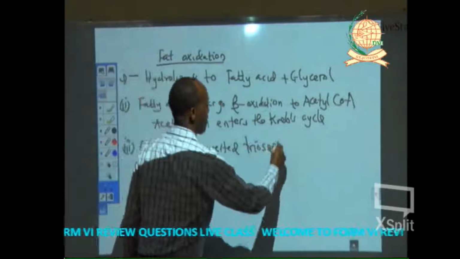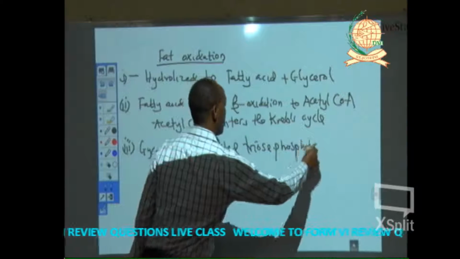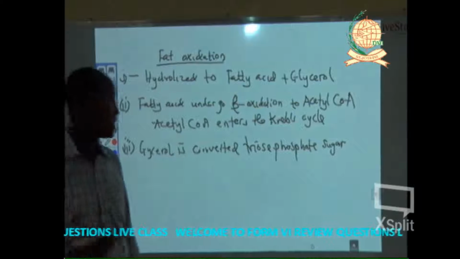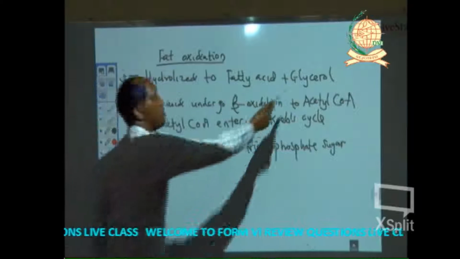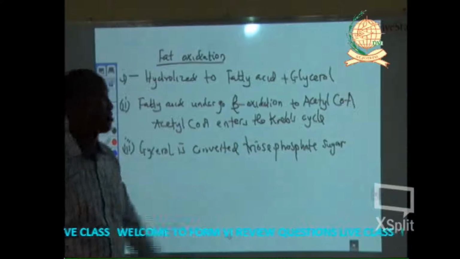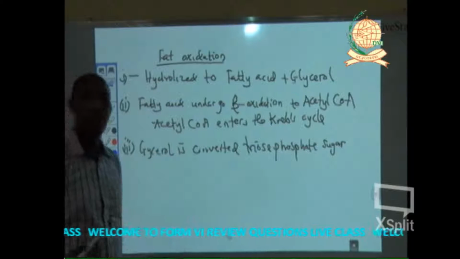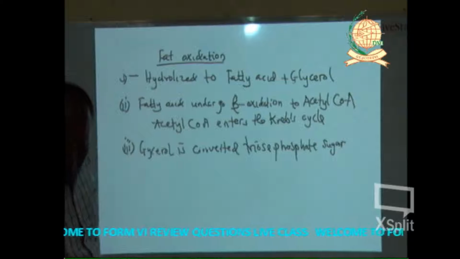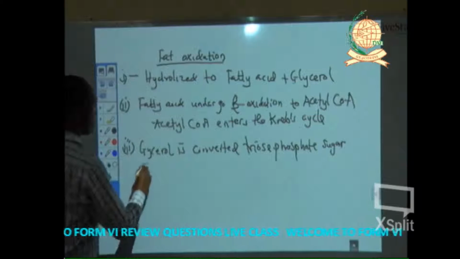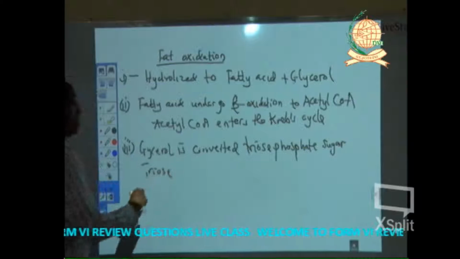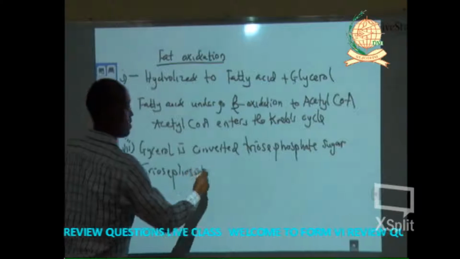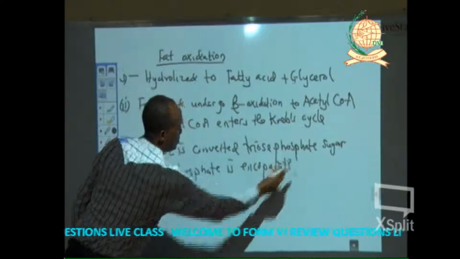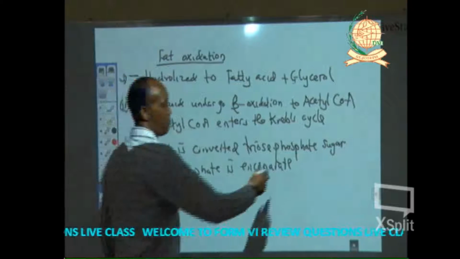Triose phosphate sugar means a sugar with 3 carbons, and 3 carbons is like pyruvic acid. So the glycerol is converted to triose phosphate sugar, which is incorporated in the glycolysis pathway.